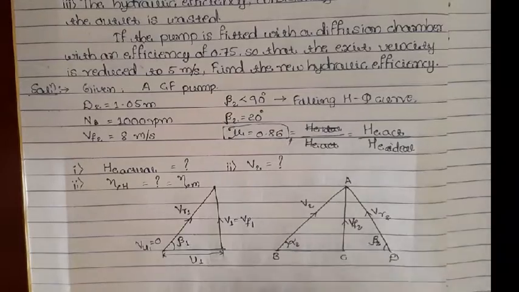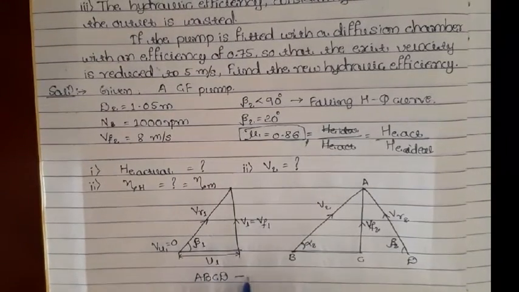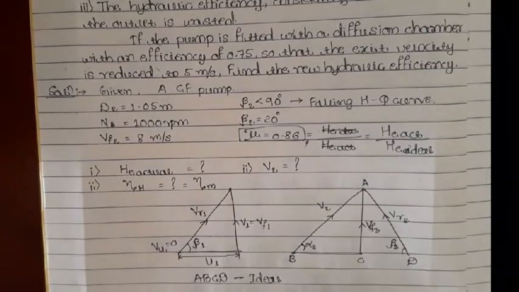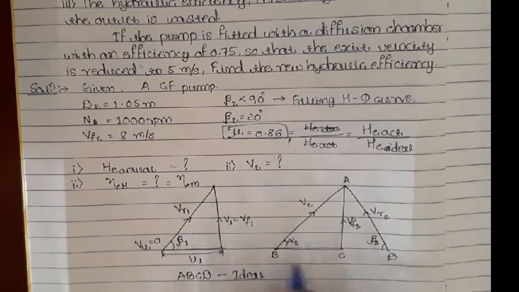Now if ABCD is the ideal case, then what is the actual case? The actual case is wherein there is reduction in the BC value.